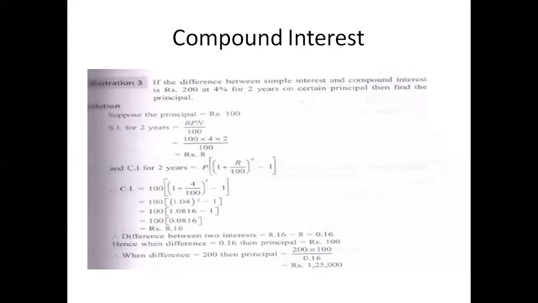It will be 1,25,000. But I'll explain this. Say the difference between the two interests is 0.16 for rupees 100. So for rupees 1, the amount will be 100 divided by 0.16. So for rupees 200, it will be 100 divided by 0.16 into 200, as has been done over here.